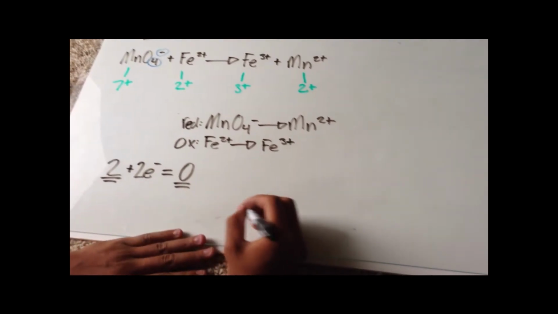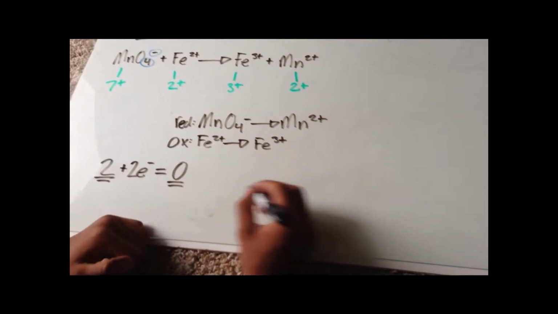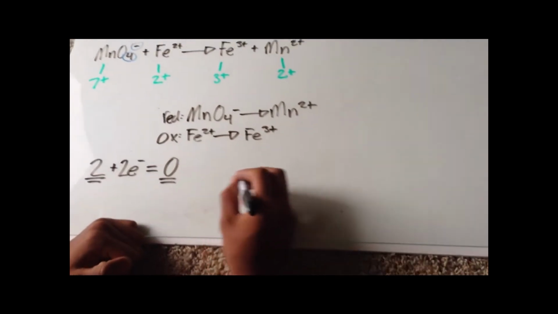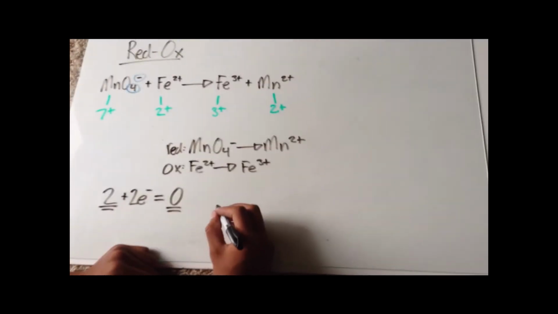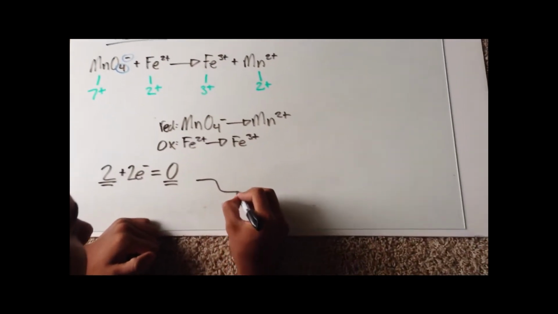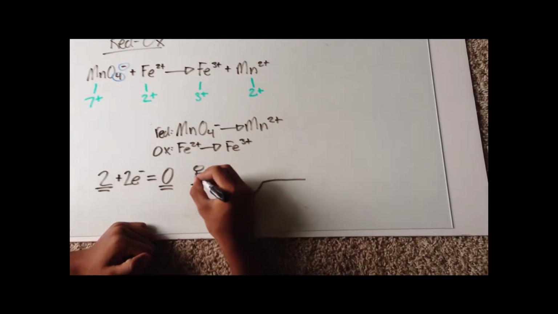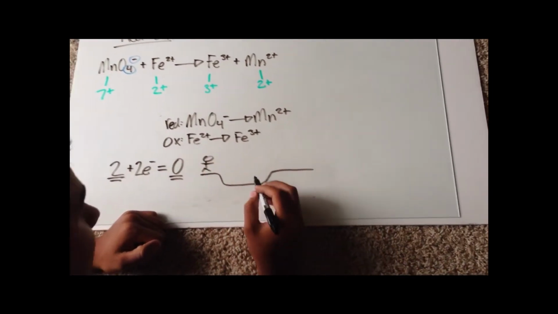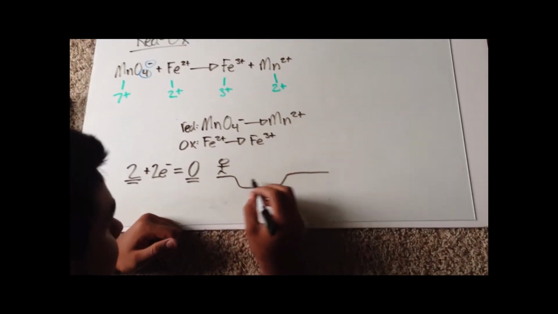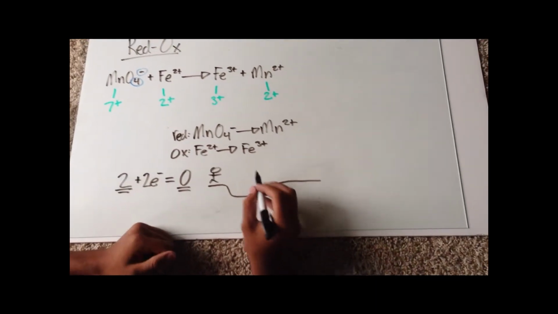So let me just give you an example so you can remember. Think of the whole electron as holes. Let's say you have a big hole while you're walking. And let's just say this hole could be repaired by adding electrons.